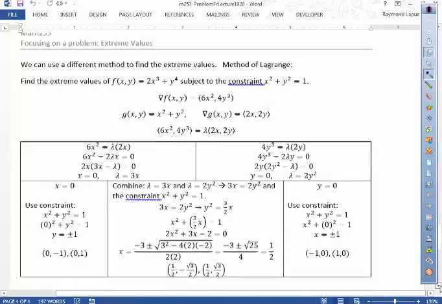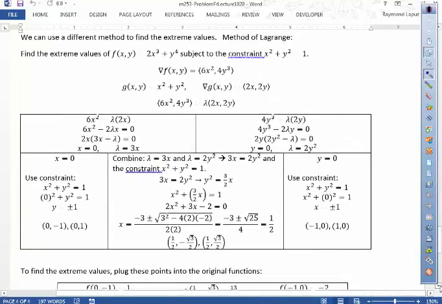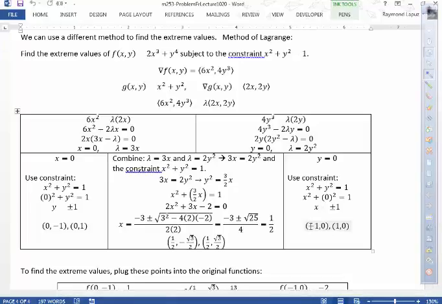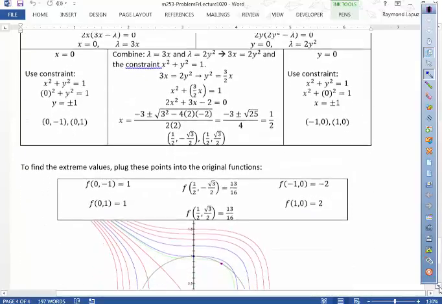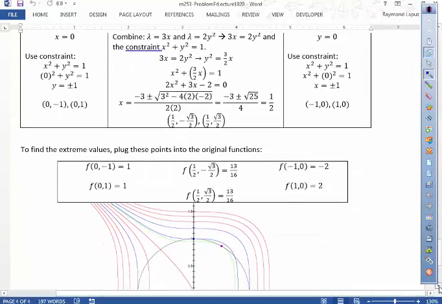In this particular example, we did Lagrange multipliers. I solved for x and y, and I ended up with 1, 2, 3, 4, 5, 6 points to look at. Those are essentially the same 6 points that we saw when looking at the boundary and doing the substitution. Then we plug those in, and we get the results.